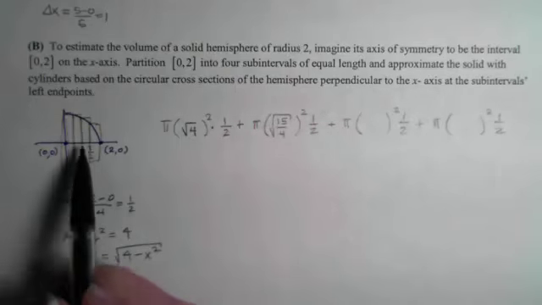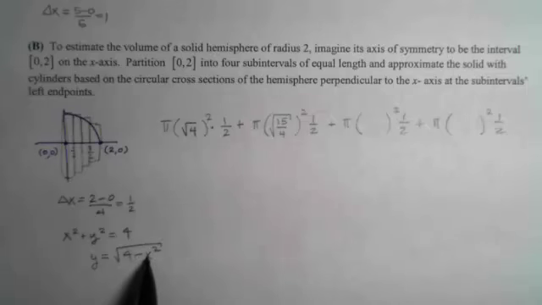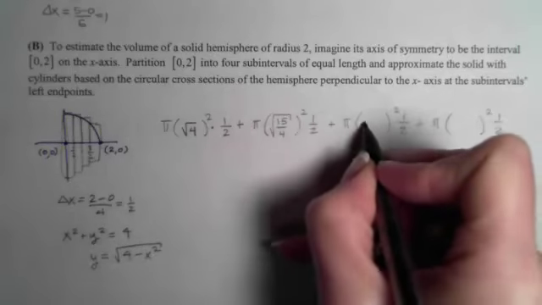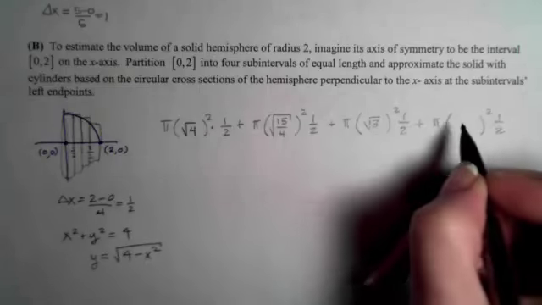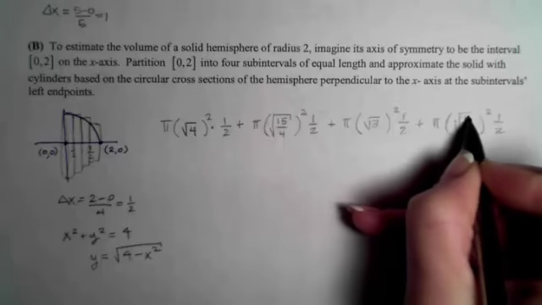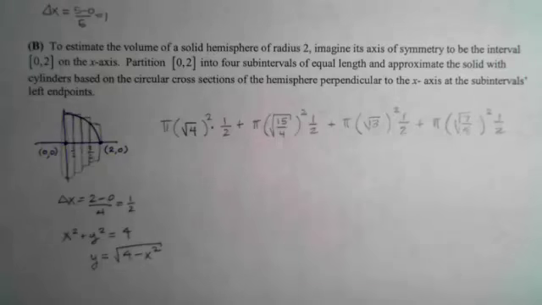Next I plug in a 1, so 4 minus 1 squared gives root 3. Next is 3/2, which squared is 9/4, so 16/4 minus 9/4 gives me 7/4 in that root.